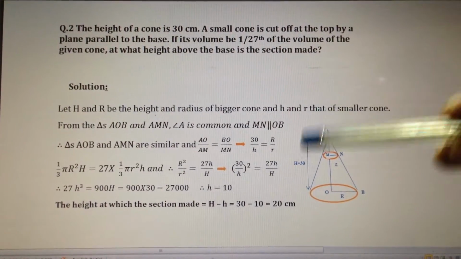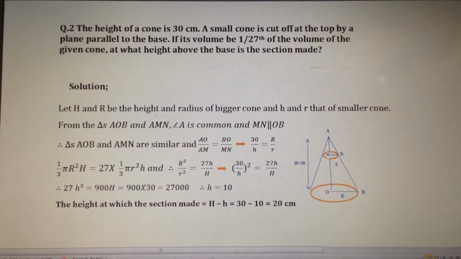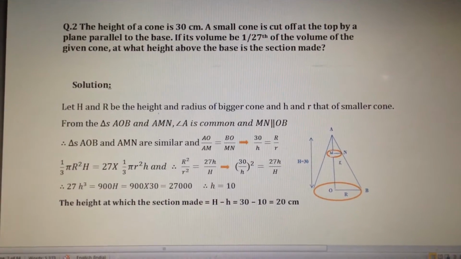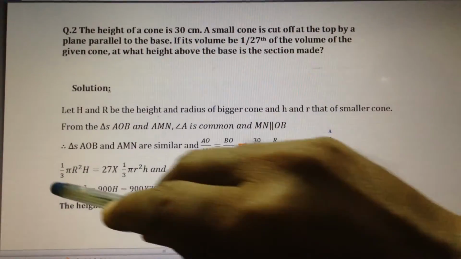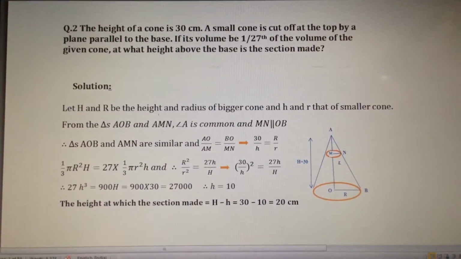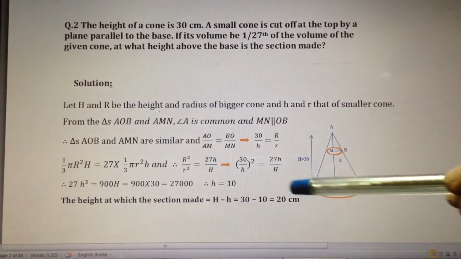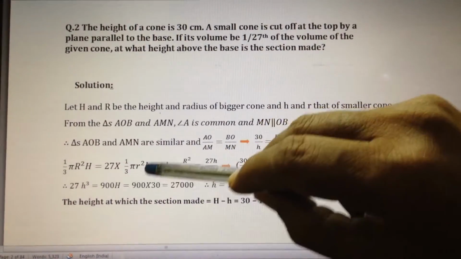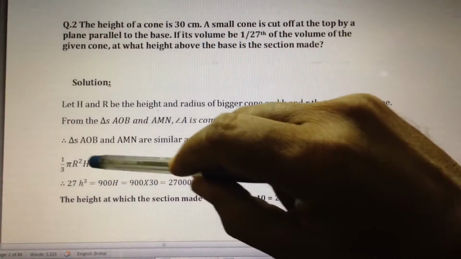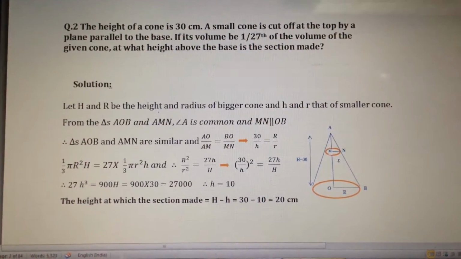Now it is also given that the volume of the smaller cone is 1/27th of the bigger cone. Therefore, 1/3 pi R square H is the volume of the bigger cone, and it is equal to 27 into 1/3 pi r square h, the volume of the smaller cone.